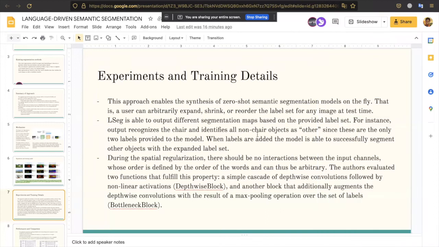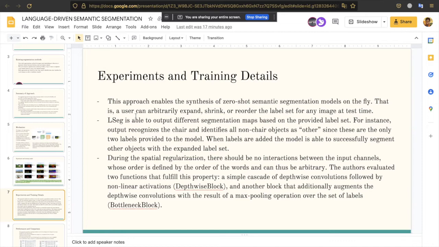No. Yeah. So basically, what that means is the user can input, resize, shrink, and expand the label set of any image at any time. And you can see, as mentioned in the previous images, that LSeg is able to output different segmentation maps based on the provided label set. So even if you provide the same image over and over, because of different text inputs every time, the segmentation will always be different.